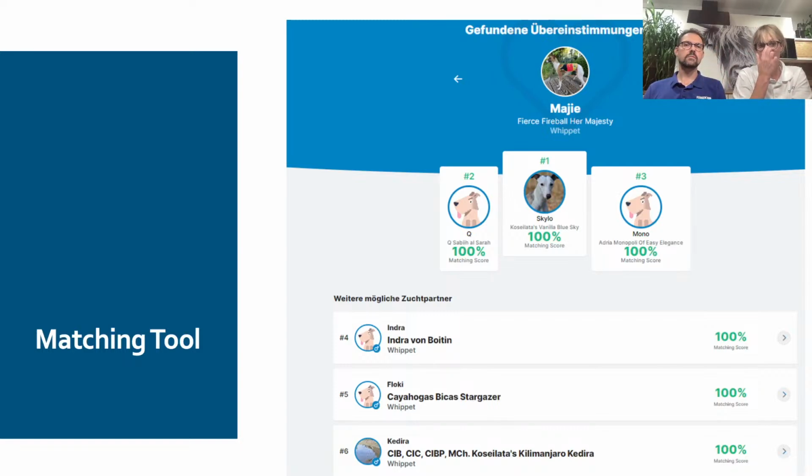And you can, for example, choose a dog in your account and say, show me potential partners of the same breed and match against the database.